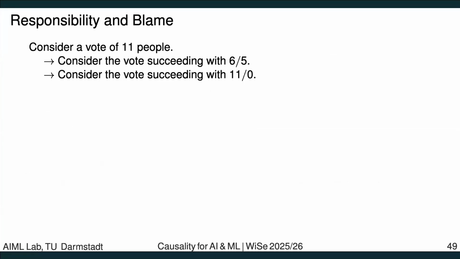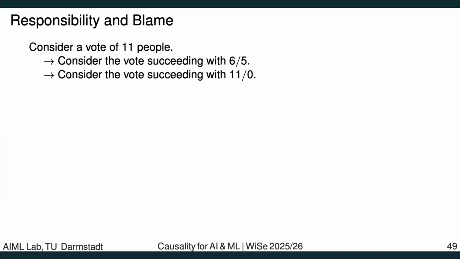But then there is this whole discussion on responsibility and blame, which tells us, well, so far we looked at these but-for causes and sets of variables and said it's either in that set or not. But for example, we might want to consider a vote where 11 people participate.